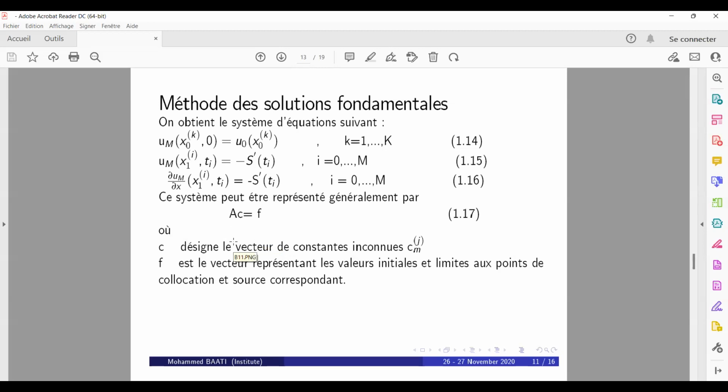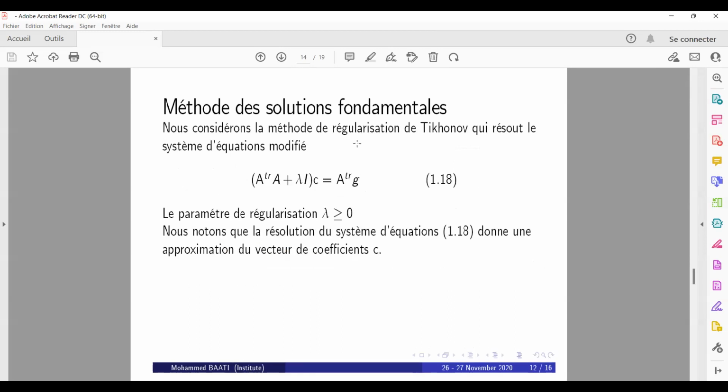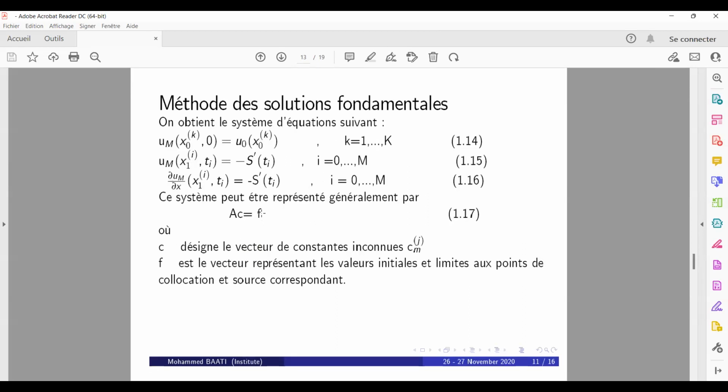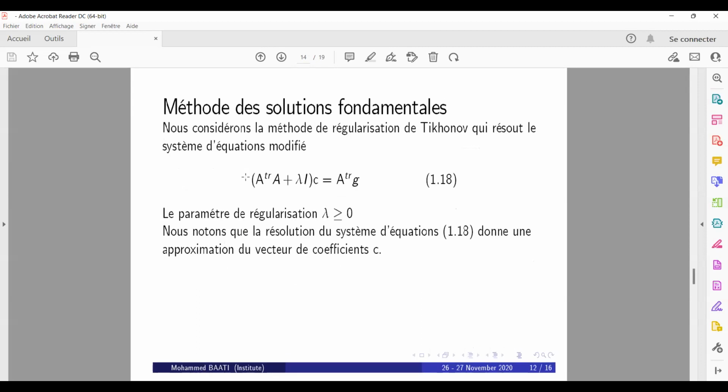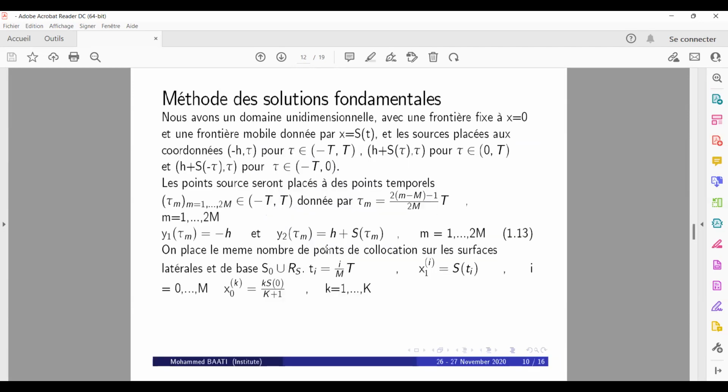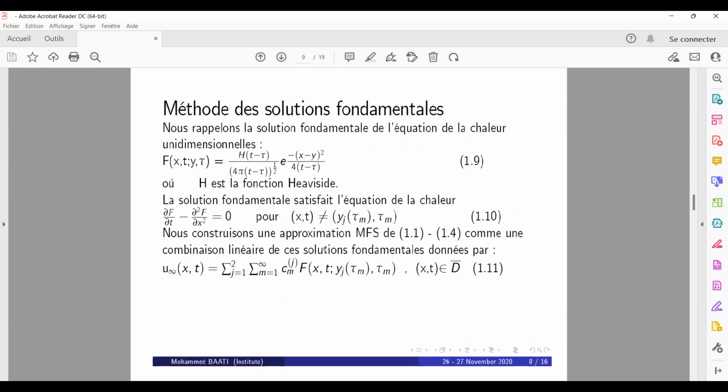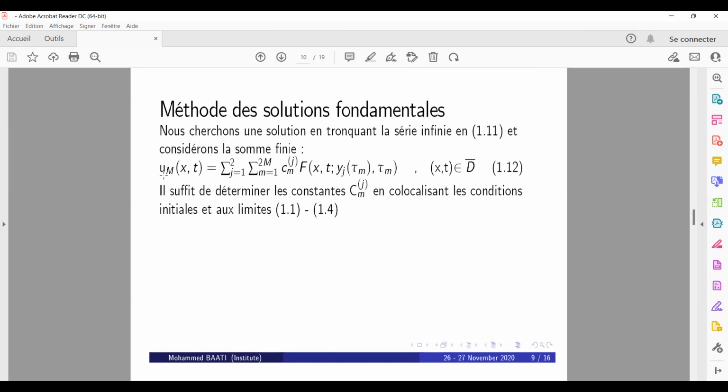Donc, pour régler ça, on utilise la régularisation de Tikhonov, qui transforme AC égale à F en un système bien régularisé, où alpha est le paramètre de régularisation. Nous notons que la résolution du système d'équations donne une approximation du vecteur C. Donc, si on a le vecteur C, on peut trouver la solution approchée U_M.